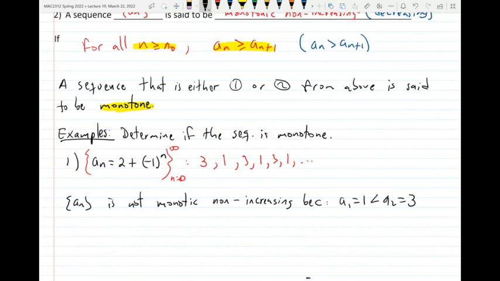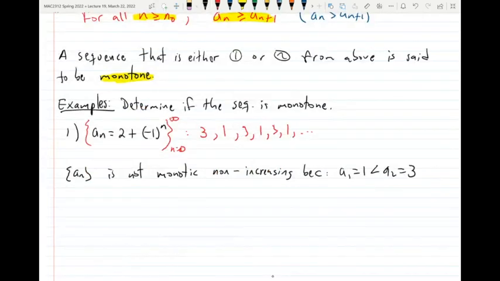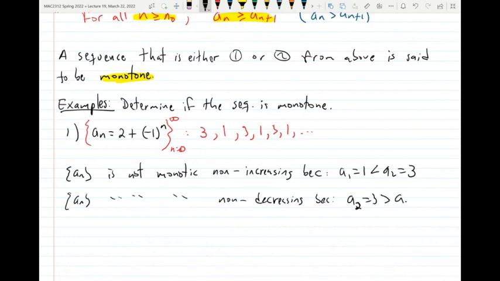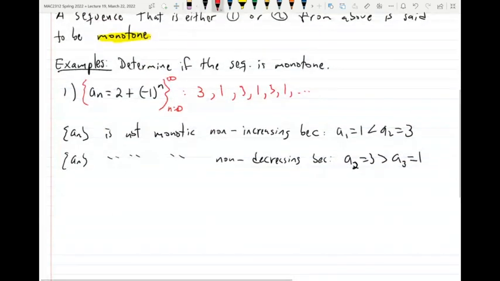So it does go up, so it's not non-increasing. And this actually happens deeper into the sequence. Similarly, we can say that this sequence is not monotonic, non-decreasing, because it does go down. For example, a2 is equal to 3, and then it went down because a3 is equal to 1. So here it went up, and then here it went down. So it is not non-increasing, and it also fails to be non-decreasing. So it is non-monotonic.